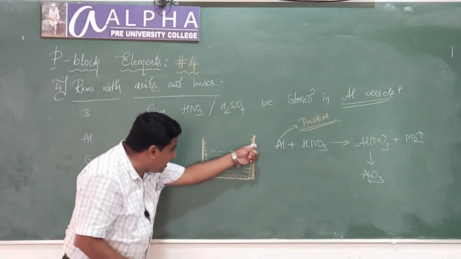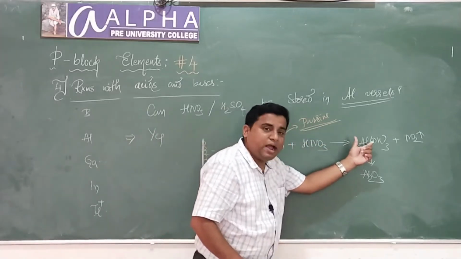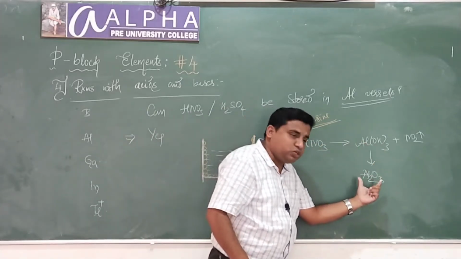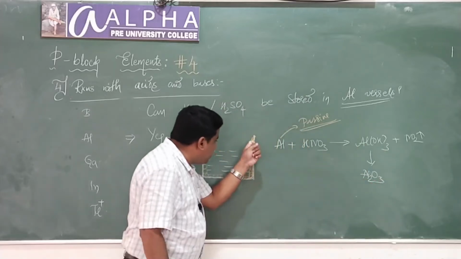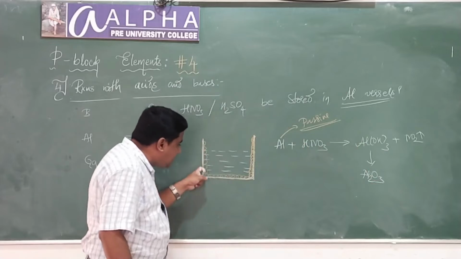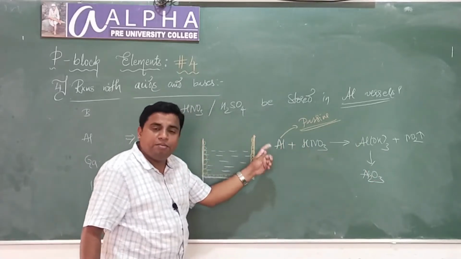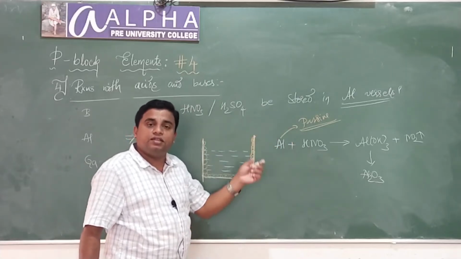So the inner layer of aluminium will react with nitric acid to form aluminium hydroxide, which will further decompose to give aluminium oxide. So there is a formation of a thin layer of aluminium oxide inside. This thin layer will prevent further oxidation of aluminium. That means aluminium becomes passive.